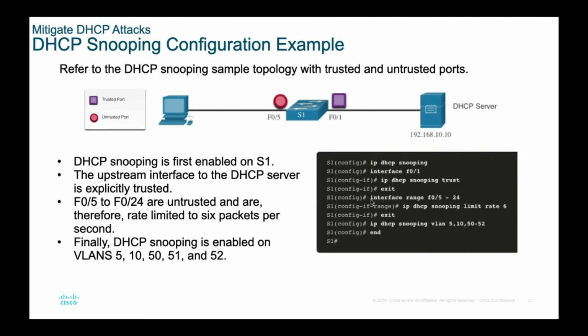Let's say 6 packets per second. Done. And then we enable it on the VLANs that we would like to use snooping on: ip dhcp snooping vlan, listing all the VLANs with a comma, or with a dash for a range. That's all for enabling DHCP snooping.